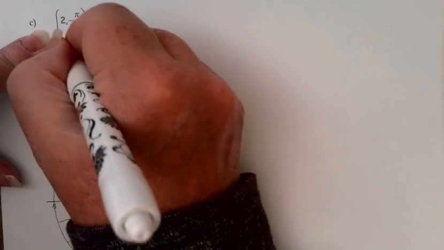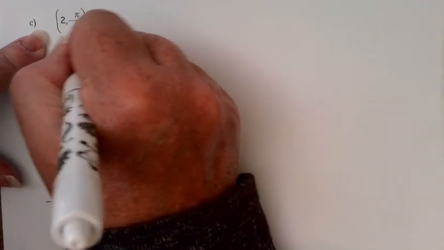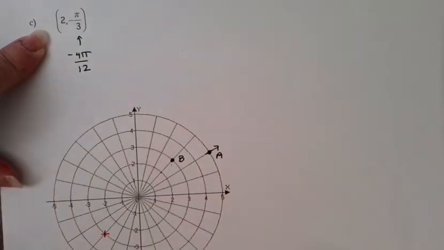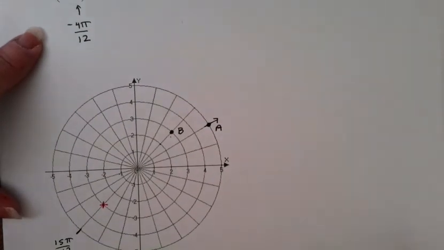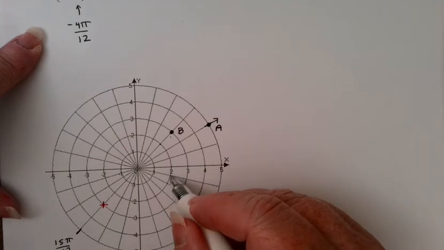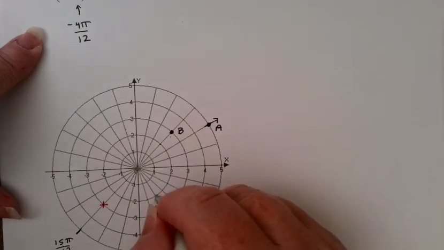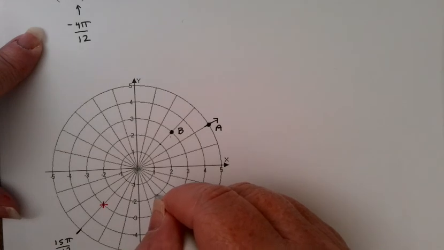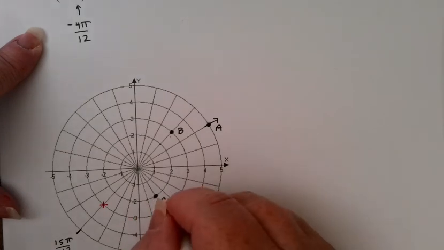I'm going to think of that in twelfths, so -4 pi twelfths. So let's say I come out to a radius of 2, and this time the angle's negative, so I'm going to go clockwise. 1, 2, 3, 4. The r value is positive, so this is the actual point, C.